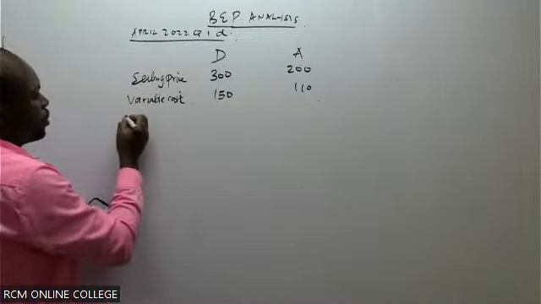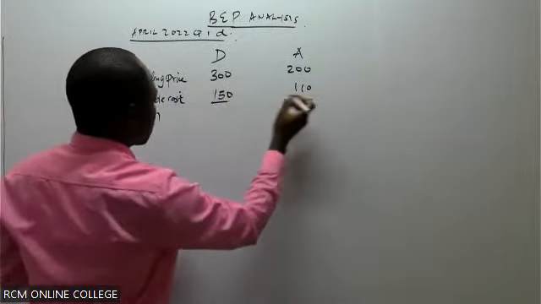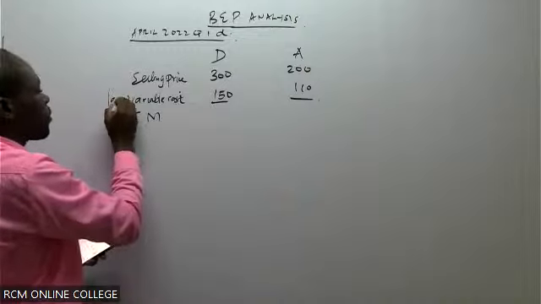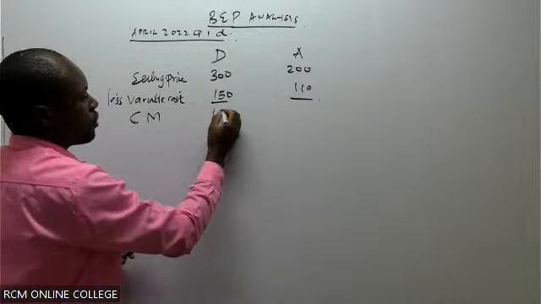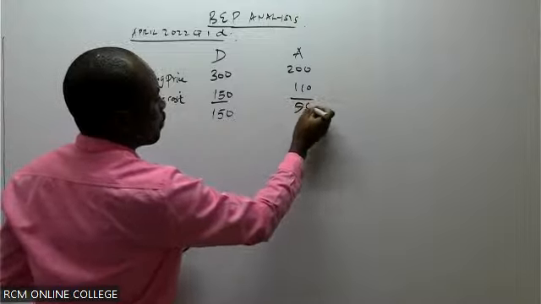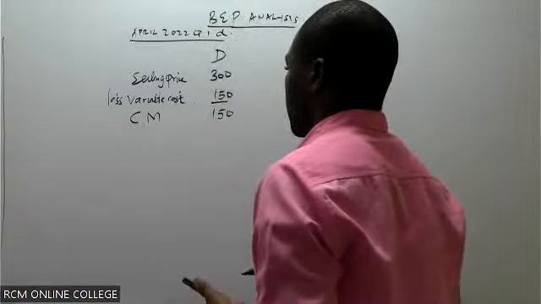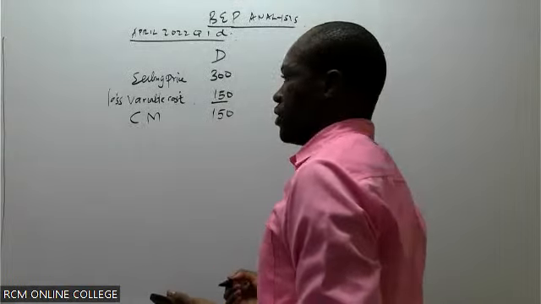Our contribution margin, of course, is the selling price less the variable cost: 150 for D, and then 90 for A. Good. So we are lacking something for us to get the weighted average contribution margin.